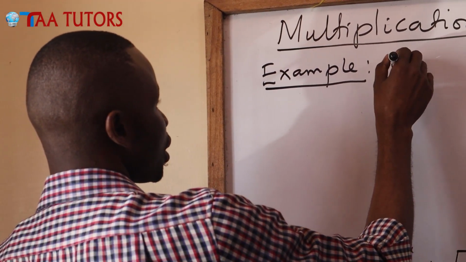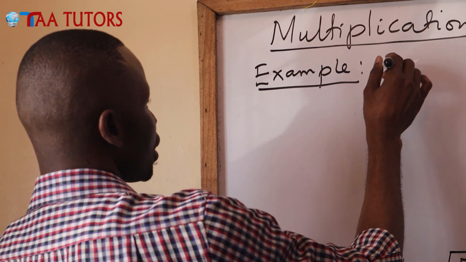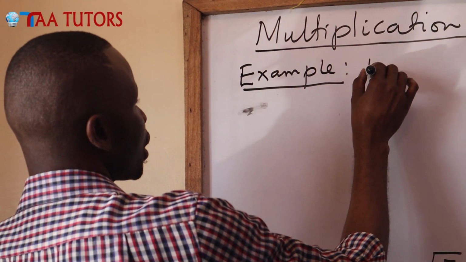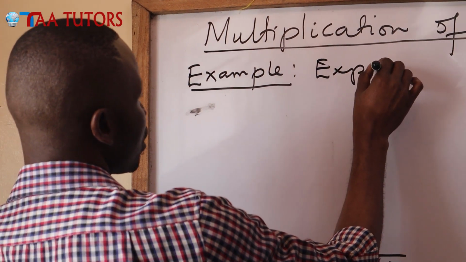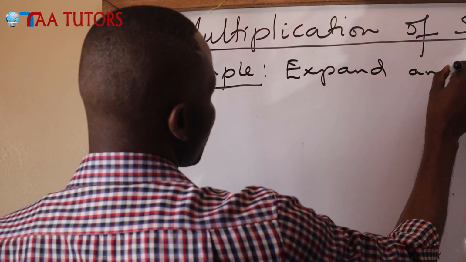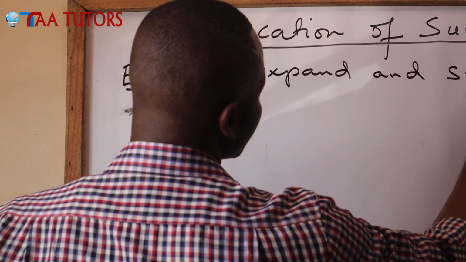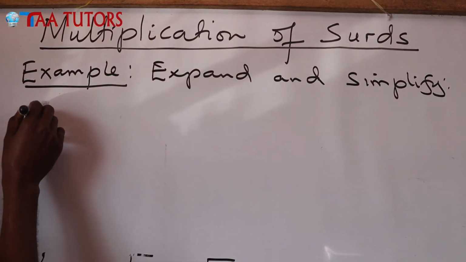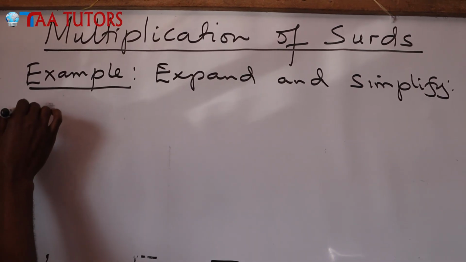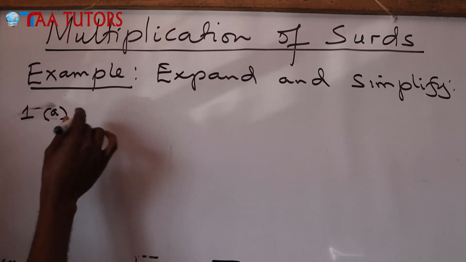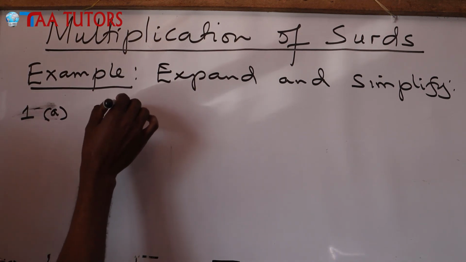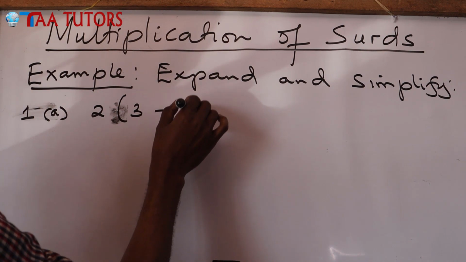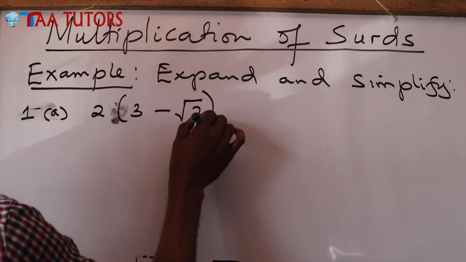So let's say number 1, let us say expand and simplify. So number 1A here, if I have 2 in bracket 3 minus surd 2.